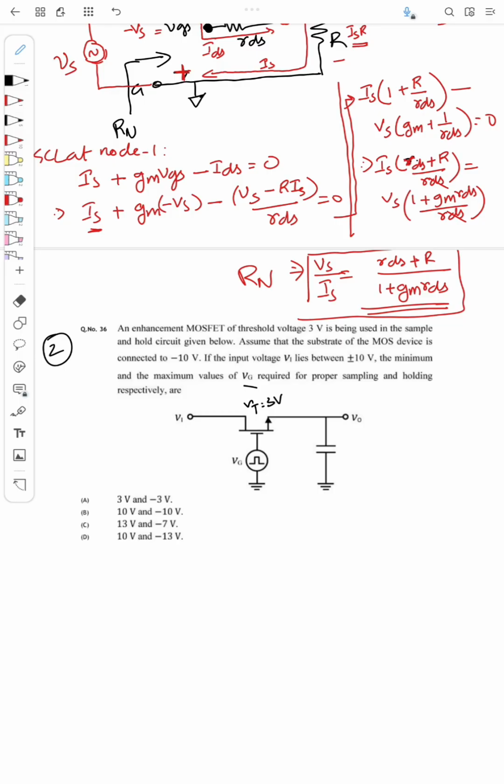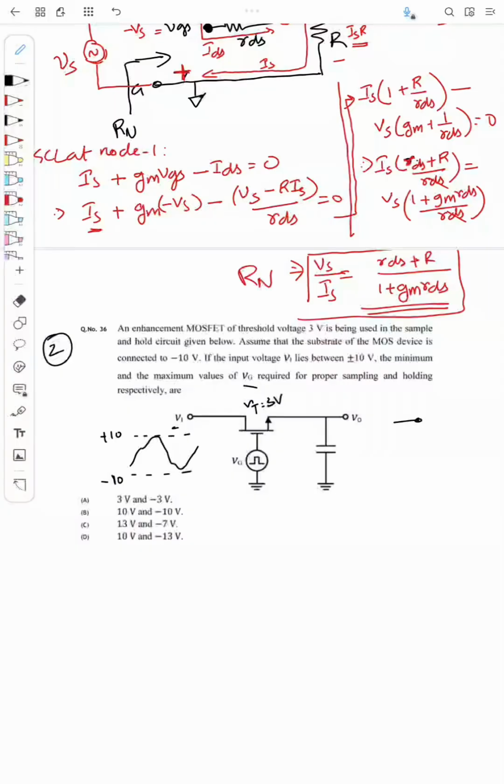So here V1 is given, that is, it's a signal whose value is lying between plus 10 and minus 10. So maybe some voltage is coming at V1, and this has to be sampled using this sample and hold circuit. So how does it sample? Whenever the voltage Vg has a magnitude such that Vgs is greater than Vt, then this MOSFET will be on, right?